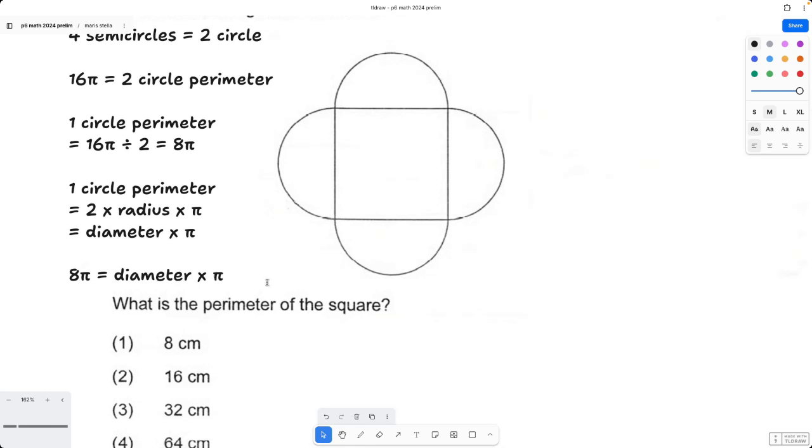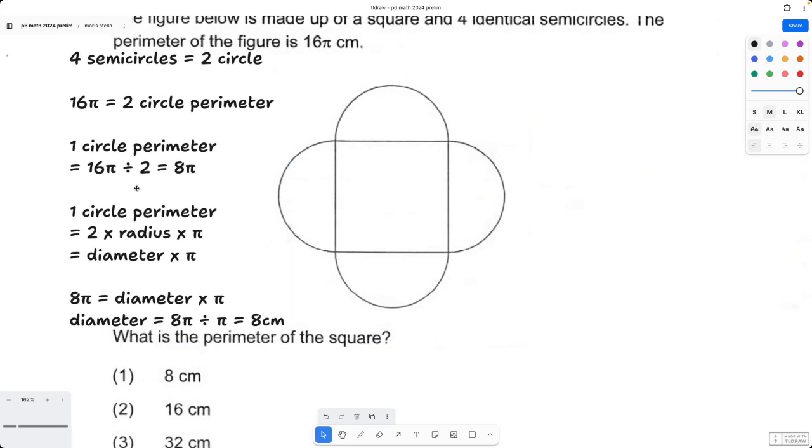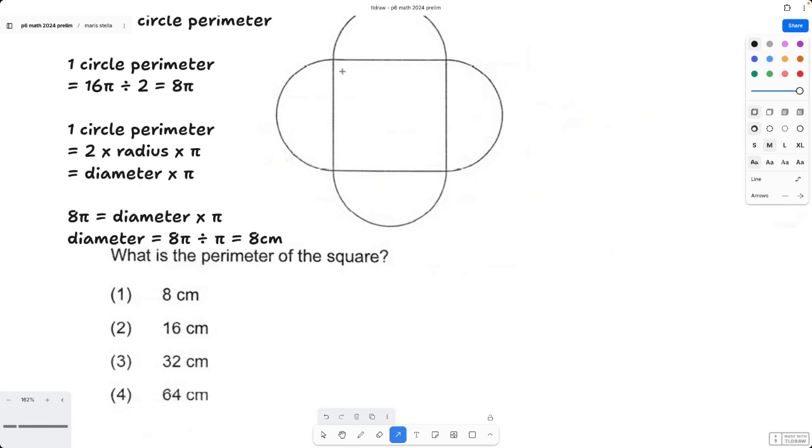So that means diameter is equal to 8 pi divided by pi. We cancel it out, it becomes 8 centimeters. Right, so now we know that diameter is 8 centimeters over here.